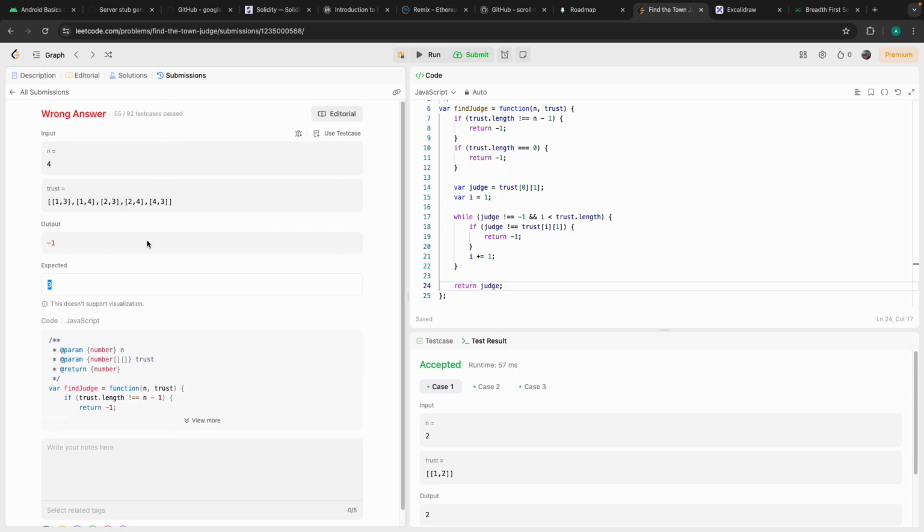It's not as easy as I think. Why is the fourth person the judge?